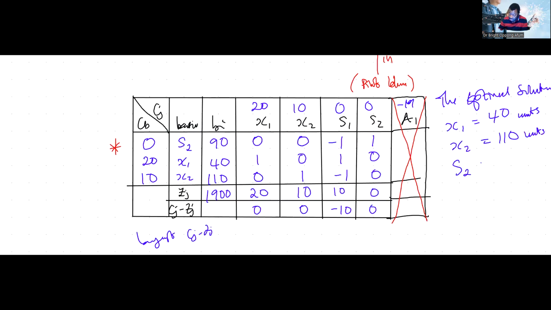And how many? 90 units, right? And the Z, or the function, is actually 1900 units, right? So this is what to do with mixed constraints.